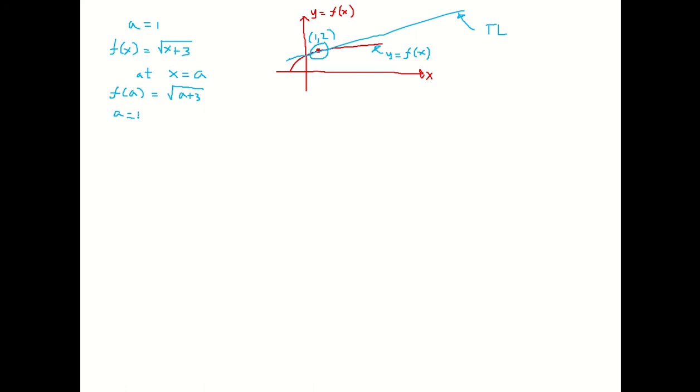So the value of the function at x equal to a, where a is equal to 1, we have f of 1 equal to the square root of 1 plus 3. So 1 plus 3 is 4, so square root of 4 is equal to 2, right? So that's why we have here the value 2.